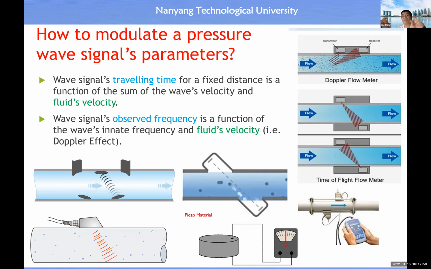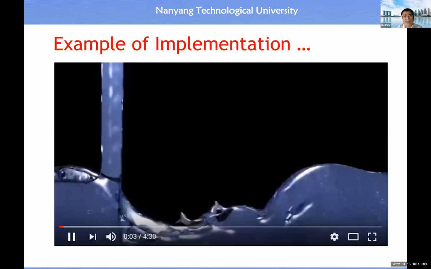Then based on the difference between the received frequency and the original frequency, we should be able to calculate the flow velocity. So these are the two types of implementation with the use of wave signals, right? Then this video shows you a practical implementation, okay?